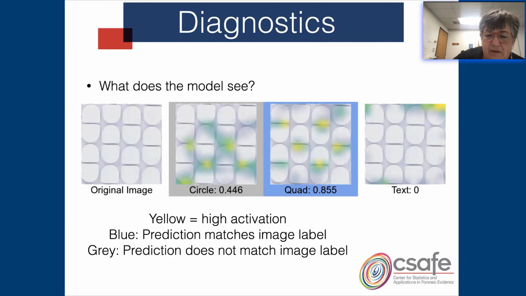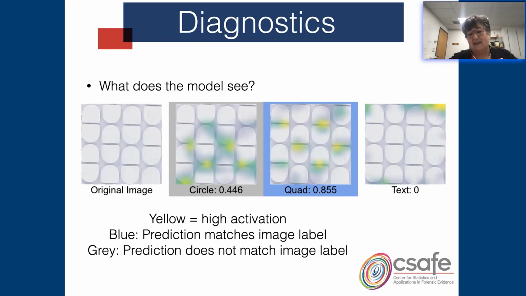Similarly, quadrilaterals are activated in the flat shapes of these half circles. So when there's a flat shape, quadrilaterals are speaking up and saying that here is weight for quadrilaterals. And you can see that the shoe labeler labeled this as a quadrilateral.